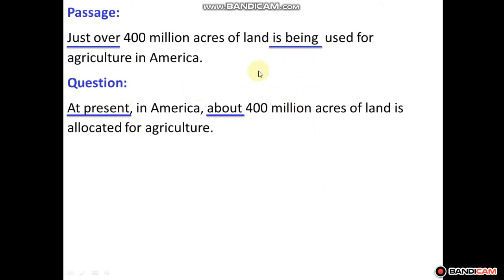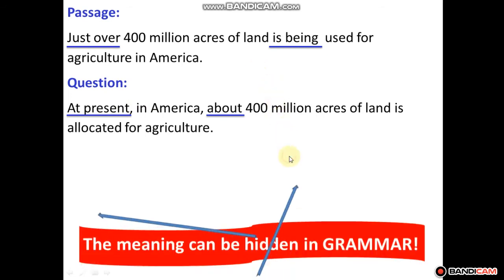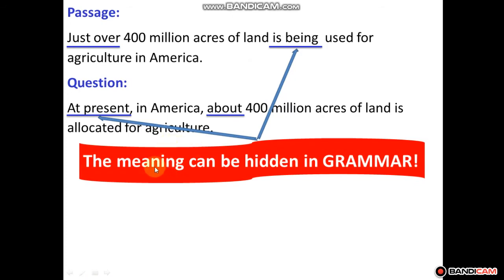Okay. Here we have at present, and here we have is being. Well, they look different. But in fact they are not. We will see to it after we go ahead. What I mean here, look at this. At present, is being. Well, this at present, we don't have an exact synonym of it in the passage, but the meaning can be hidden in grammar. Well, look at the grammar.